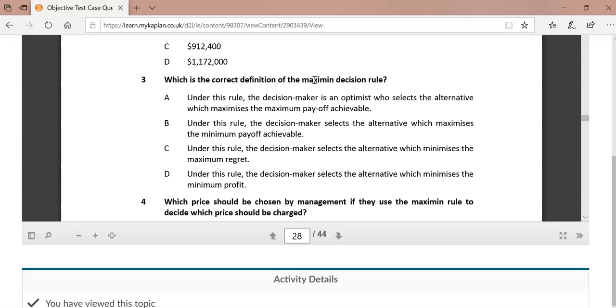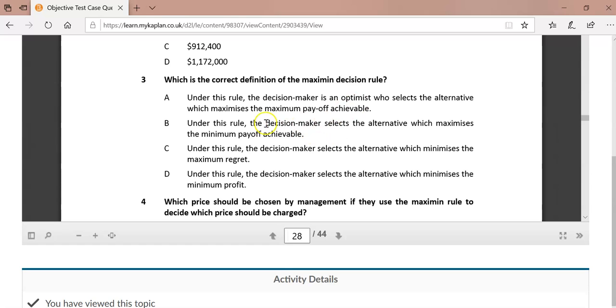Whatever the best of those is, I'll pick. So maximize the minimum output.